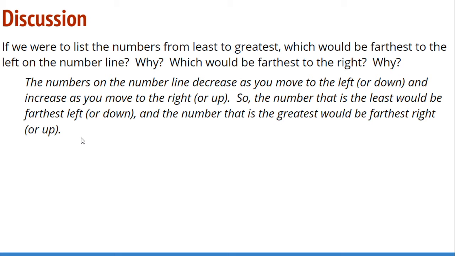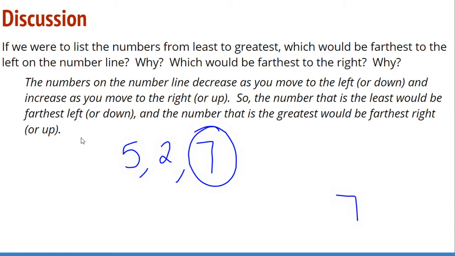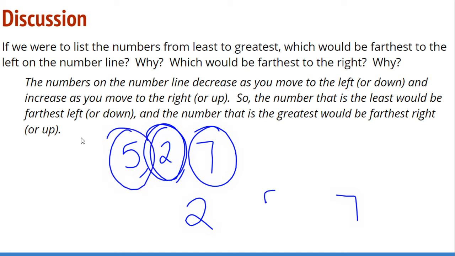So the smaller the number or the less the number, the farther to the left it goes, and they're increasing as we move to the right or as we go upward. So the number that is least would be the farthest left, and the number that is greatest would be the farthest right. So if I had 5, 2, and 7, 7 is the greatest number, so we would say it is farthest to the right. 2 is the least number, so it's farthest to the left, and 5 is in between the two.